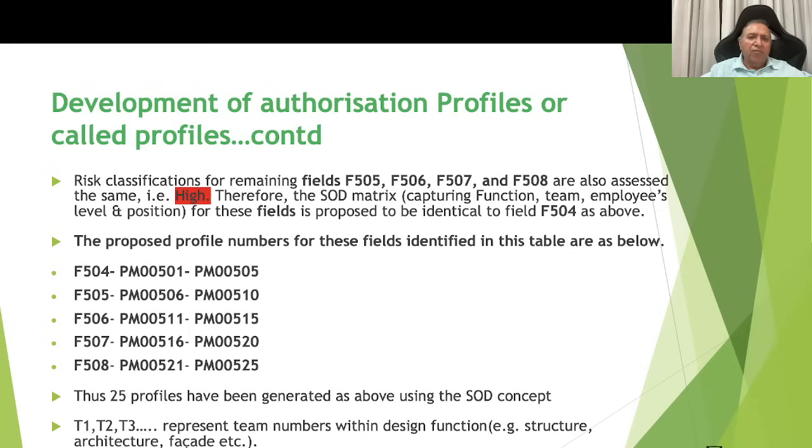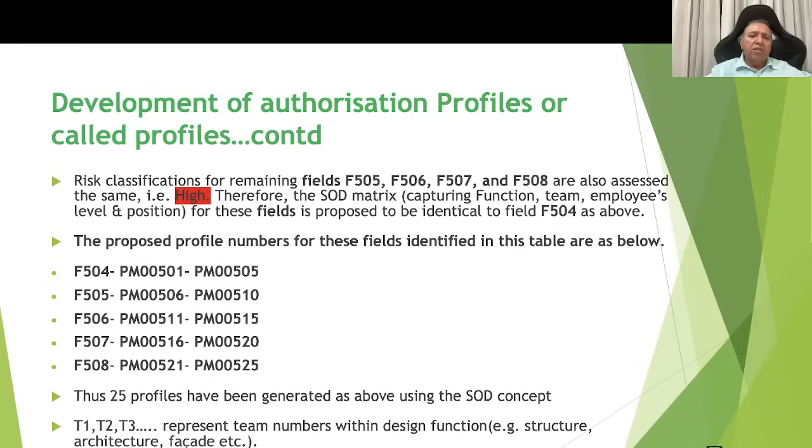Now, risk classification for the remaining fields. As I mentioned, I have talked only about one field, F504, and there are 109 fields in the design function. For four more fields, F505, 506, 507, 508, my assessment is that these are all high risk fields, and therefore the SOD matrix table, as I call it, for the purpose of assigning roles is identical.